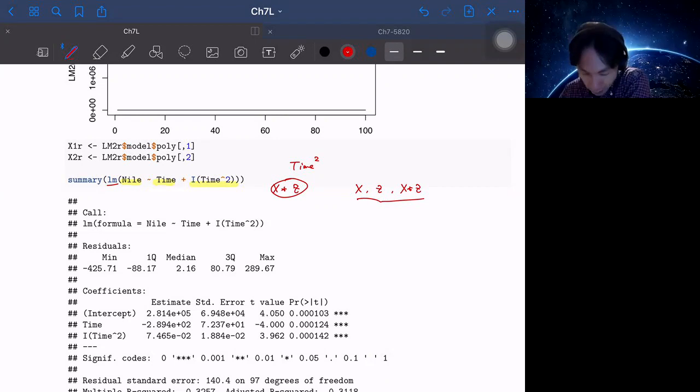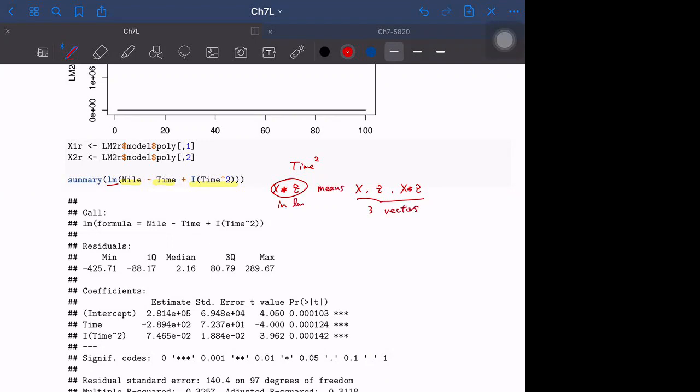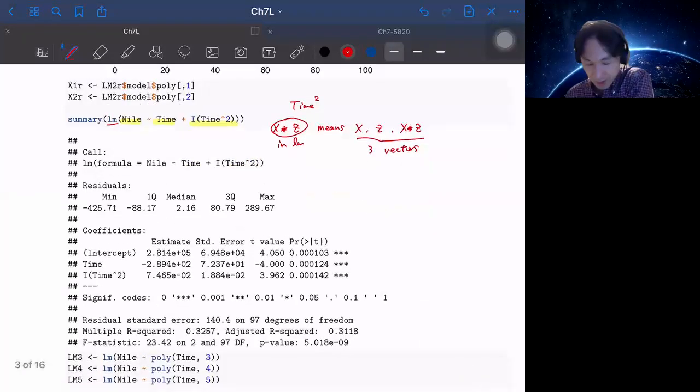So probably they want to distinguish this from just the component-wise product of x and z. So this in LM means the 3 vectors. Okay, but anyway, you don't really have to care about the reason. So inside the LM function, always you have to put I.